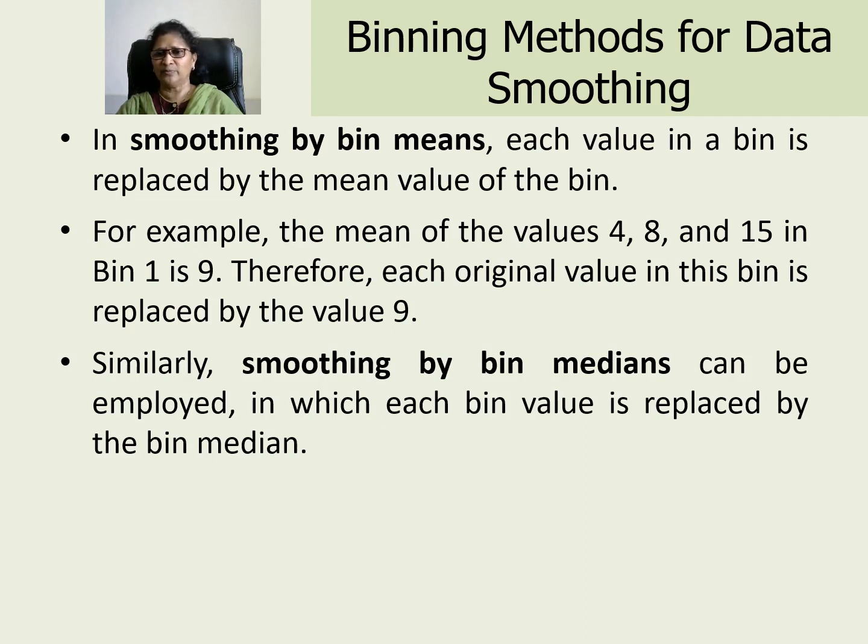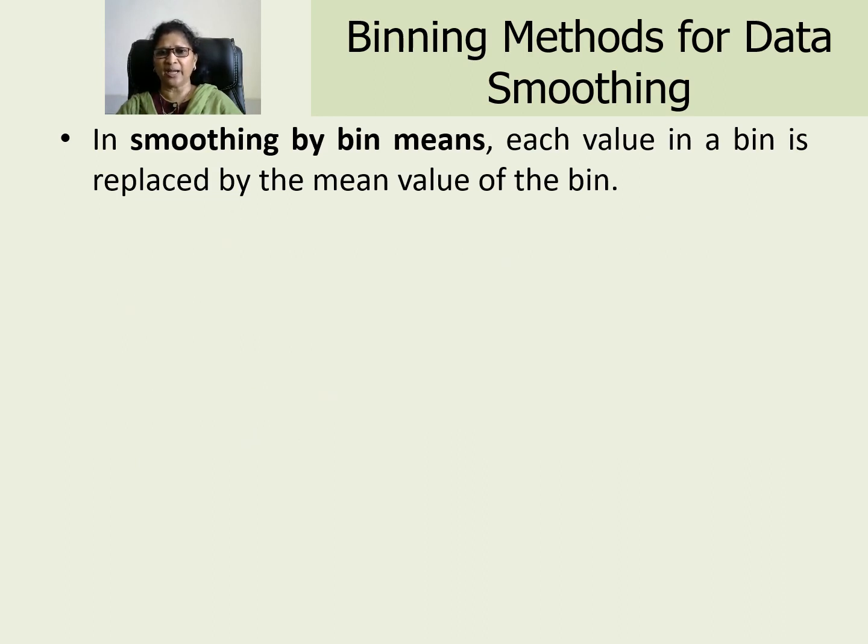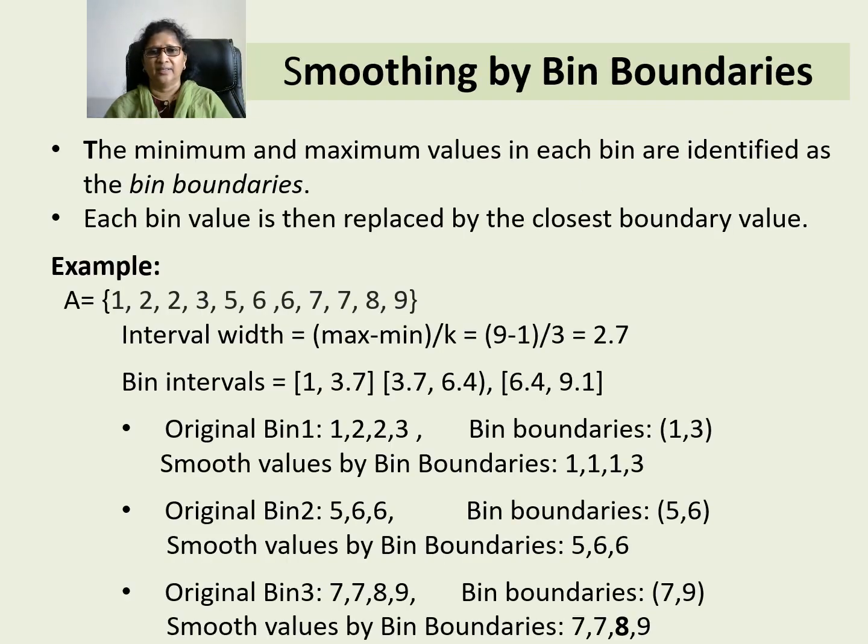When the values were 4, 8 and 15, its mean is 9, so we replace all the values with 9. This is called smoothing by bin mean, smoothing by bin median. It could be smoothing by bin boundaries. This is smoothing with bin boundaries.